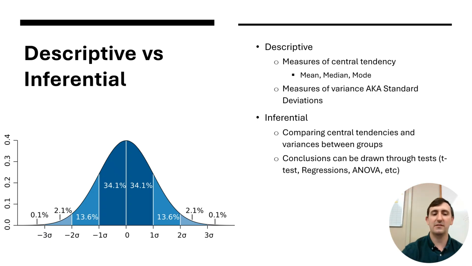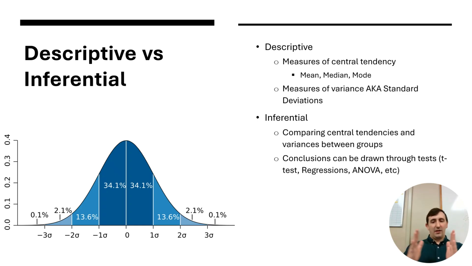And then you can see this 34% and 34%. That is one deviation away from the middle, right? And you can see it starts to trail off, and most scores fit in the middle. But then one more tail onto each side, you'll see 13% and 13%, right? That is 1 to 2 deviations away from the middle, right?